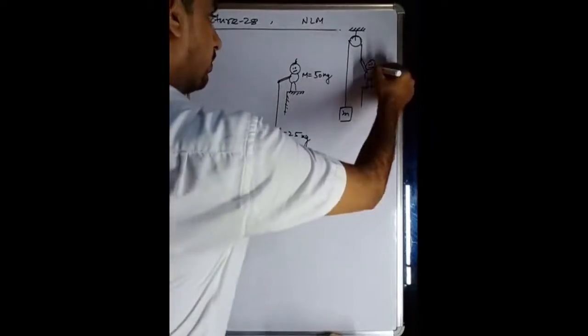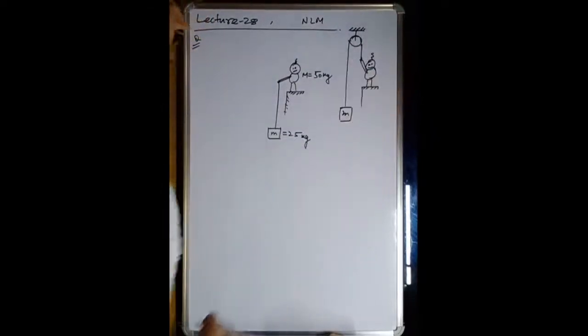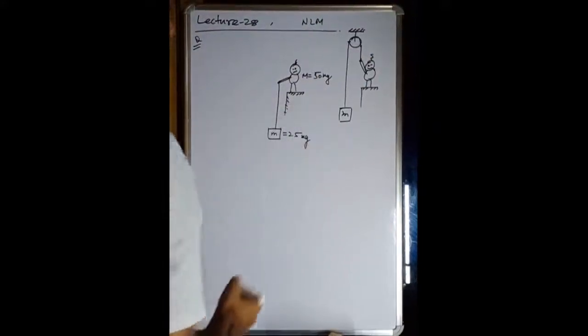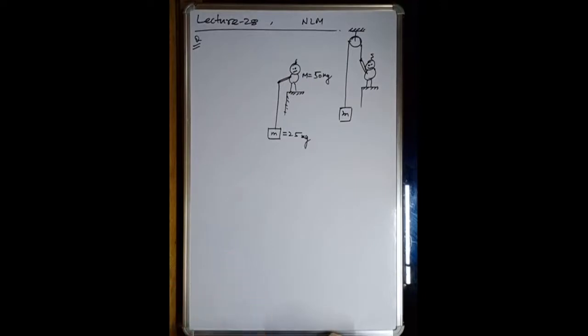Again here the mass of this man is 50 kg, and this is 25 kg, standing on the surface, but here he is using a pulley.